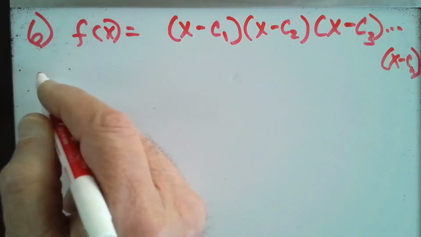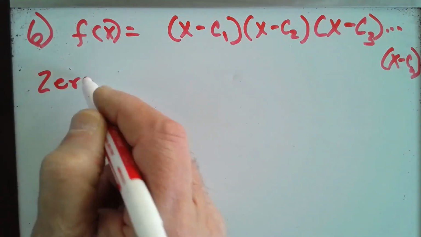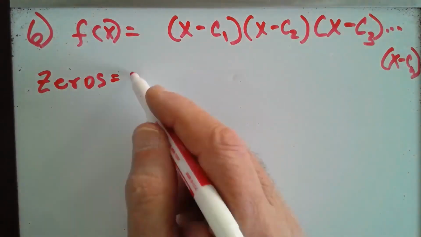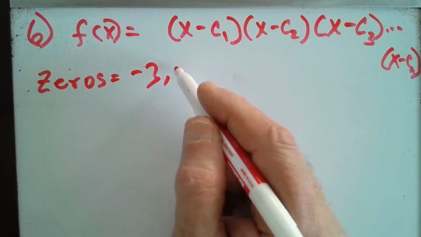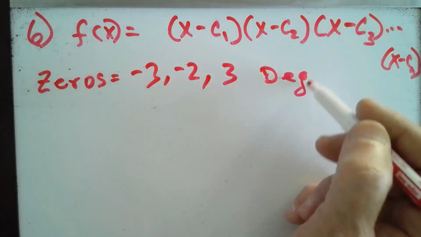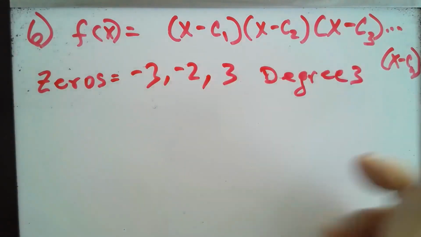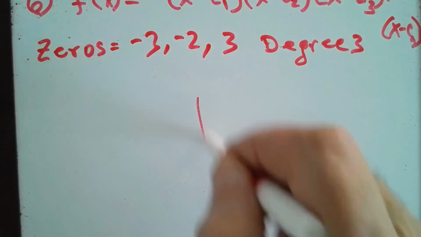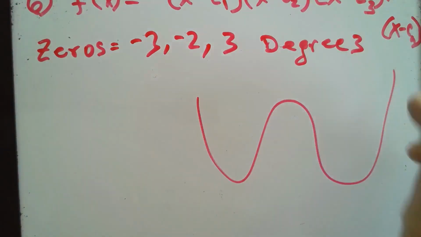So if we have zeros that are negative 3, negative 2, 3 with a degree of 3, then what we're saying here is the graph is going to do something like this.